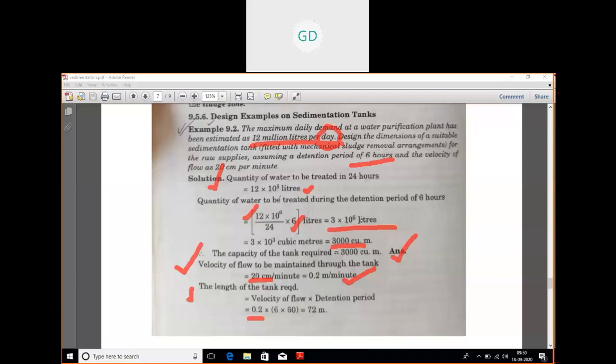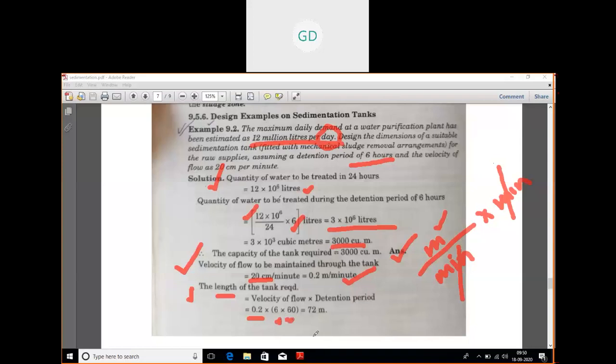The length unit is meter, so if you multiply meter per minute by minute, the minutes cancel and you get meter. That is why we convert the 6 hours to minutes, 6 multiplied by 60.